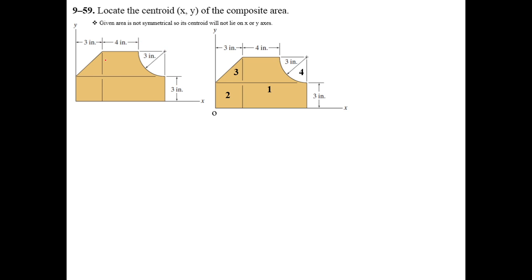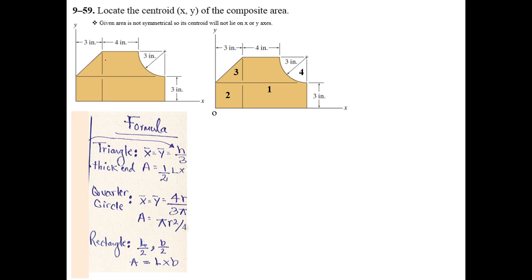So again, these formulas will be required in solving this problem. We have the area of the triangle defined as half into length into breadth, and the centroid of the triangle is defined as h by 3 from its thicker end. So where is the thicker end of this triangle? This is thinner, this is thinner, this is the thicker end.